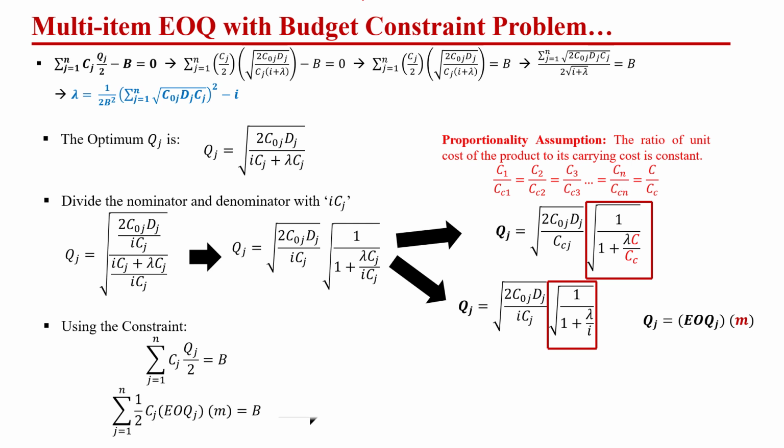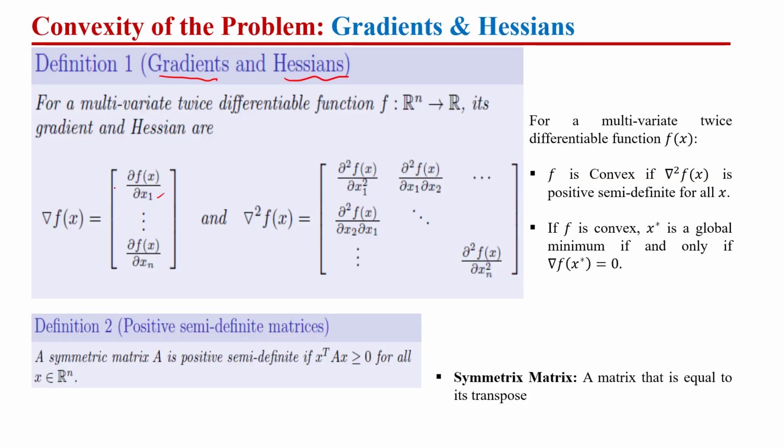Once we get the first order derivative, we again take the second order derivative, and the result is the Hessian matrix.